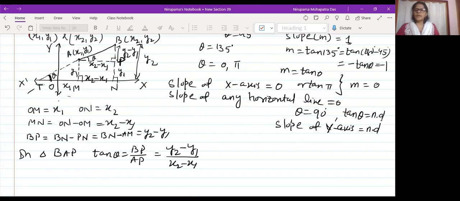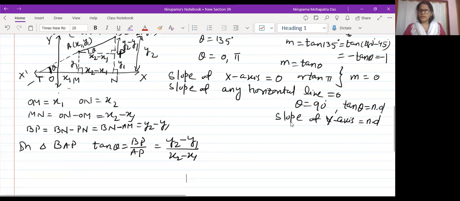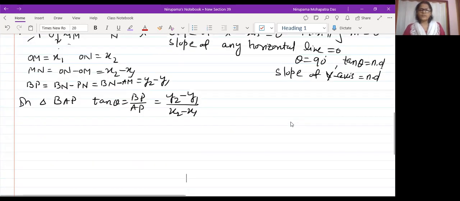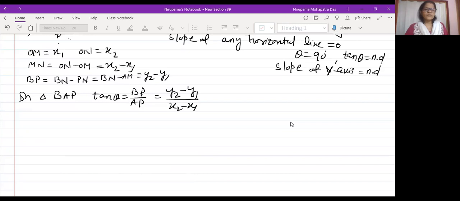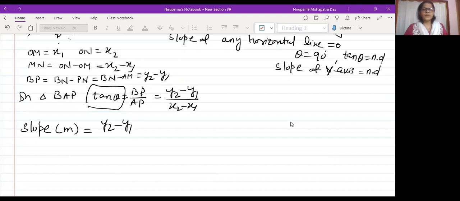So the slope of a line segment joining two given points (x1, y1) and (x2, y2) is y2 minus y1 by x2 minus x1. Tan theta stands for slope here. So slope m equal to y2 minus y1 by x2 minus x1.